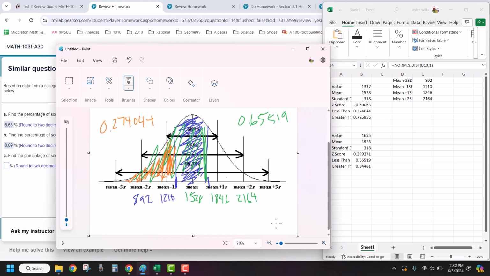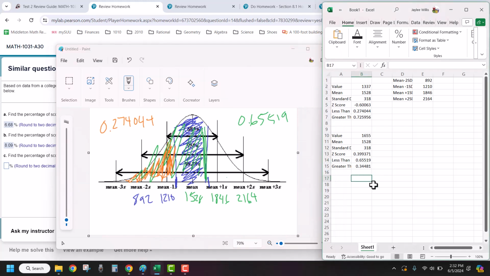If you look at it, the green part includes all of the blue part and all of the orange part. So if I subtract the orange part from the green part, that will leave me with the blue part. The way that I would do that in Excel, and maybe I'll label this as between, is I would take the green percentage, which is the 65, and subtract the orange percentage, because that orange part is the part that's in the green but isn't part of the blue.